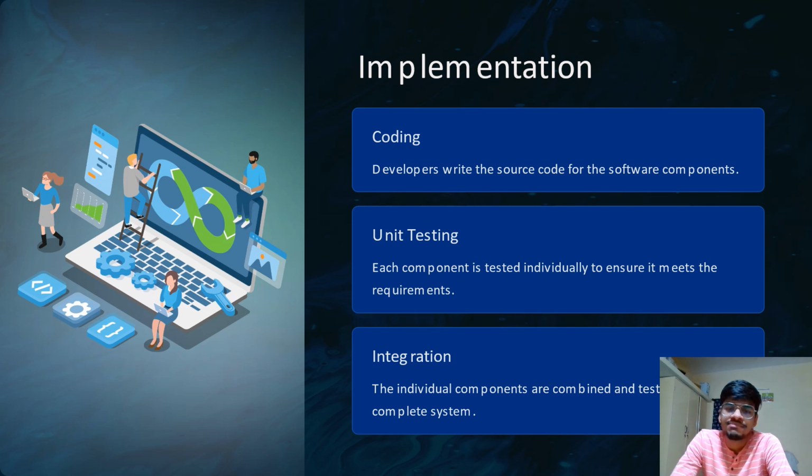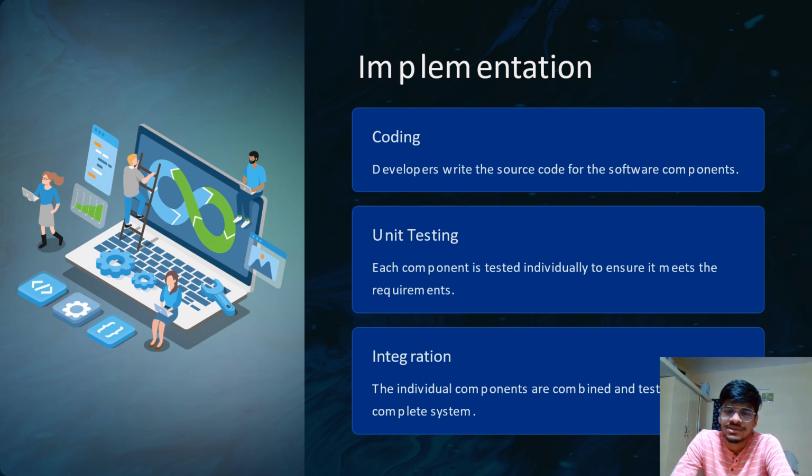Then the implementation phase, where we have three things: coding, unit testing, and integration. Coding is done by the developers, who write the source code for the software components. They individually code the functions and basic blocks of the whole program to do the different tasks.